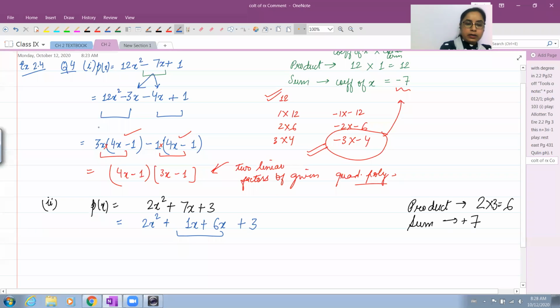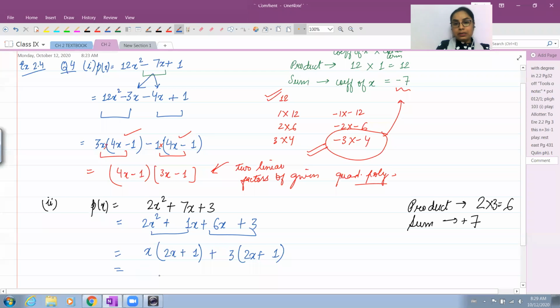And now I have to pair the first, second, and third, fourth terms and take the common factors from these pairs. From the first two terms, I get only x common and I'm left with 2x plus 1 here, and from the next two terms I get 3 common, and now you can see the binomial is same.